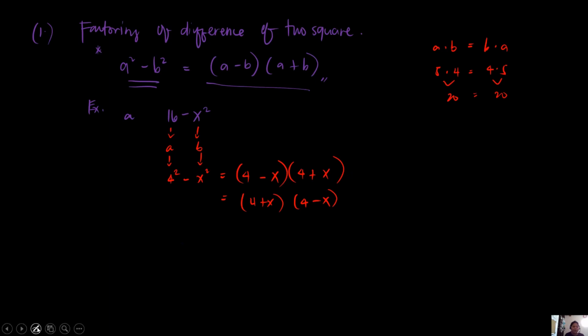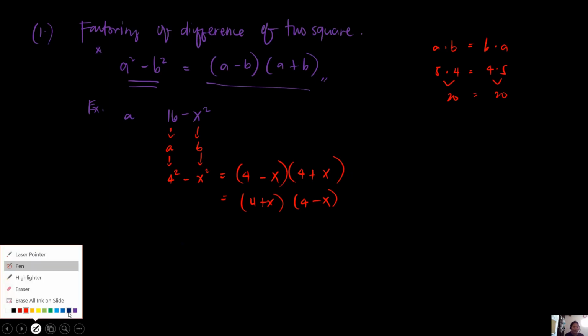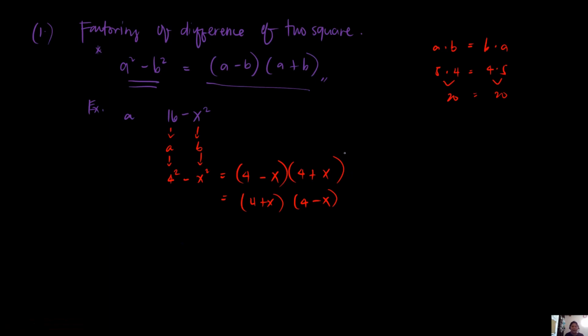Now, how can we know if our answer is correct? Like what I always tell you, you have to do the FOIL method. We have 4 times 4, we have 16. 4 times negative x, we have negative 4x. x times 4, we have positive 4x. x times negative x, we have negative x squared.